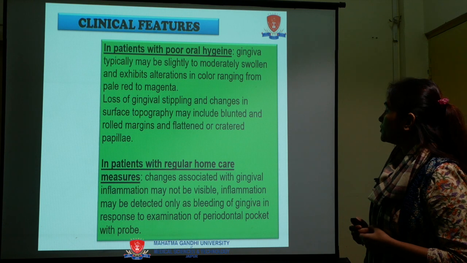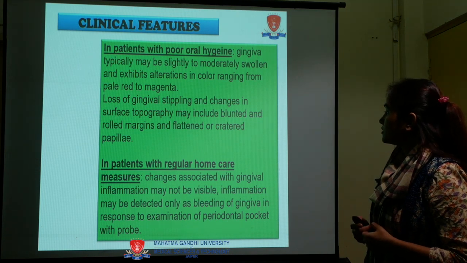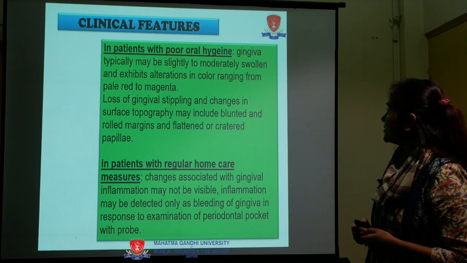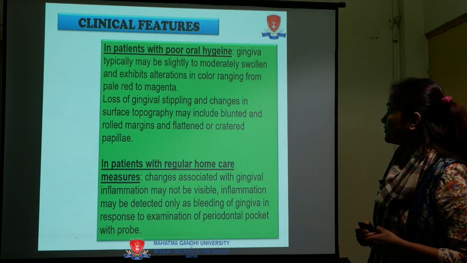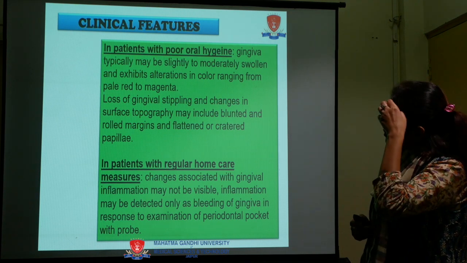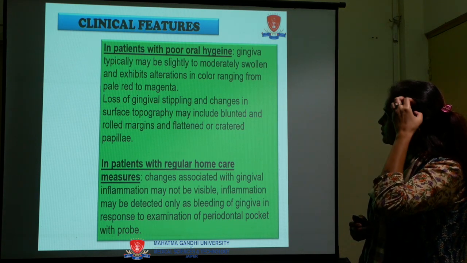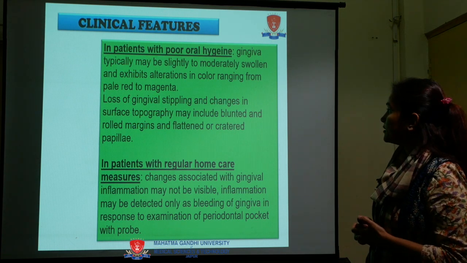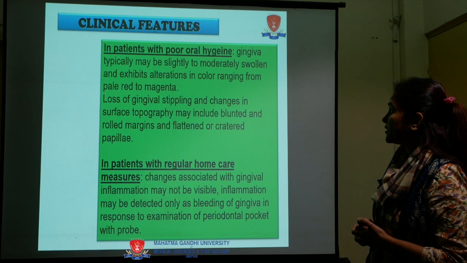In patients with poor oral hygiene, gingiva typically may be slightly to moderately swollen. It may exhibit alterations in color ranging from pale red to magenta.